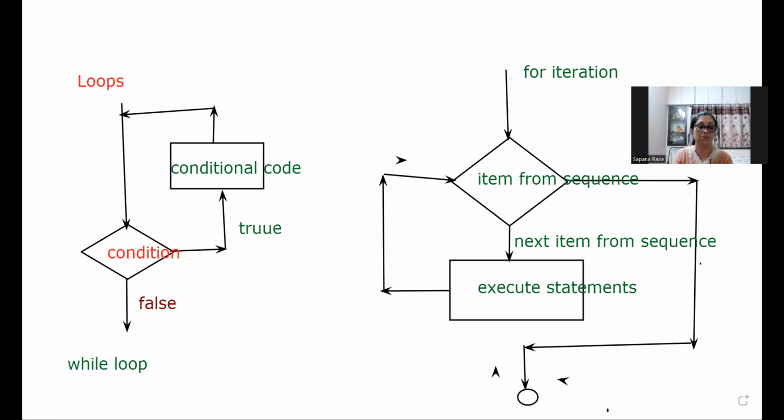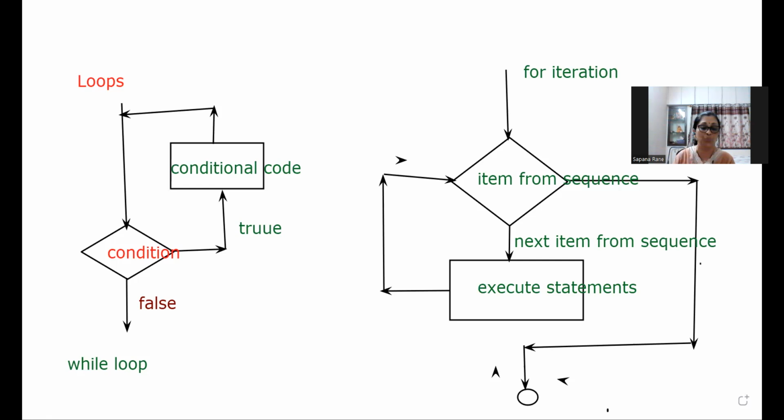Apart from this, some other loop control statements are also there, like the break statement. The break statement terminates the loop statement and transfers execution to the statement immediately following the loop. So if you want to break the loop, you can use the break keyword. The continue statement is also there.